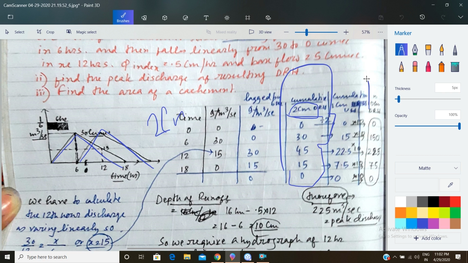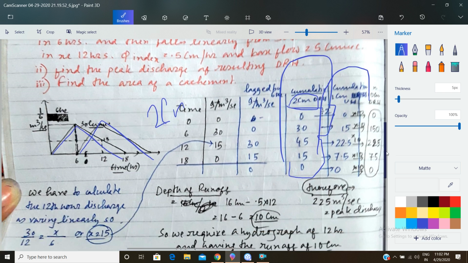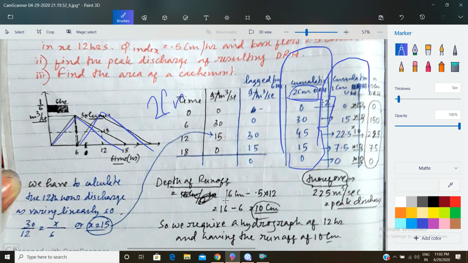Now we need a DRH of 10 centimeter precipitation. How the 10 centimeter comes, we have just calculated earlier. See here, 16 centimeter was the precipitation, and 0.5 into 12 was the infiltration. If we deduct this, then we are getting 10 centimeter actual direct runoff.